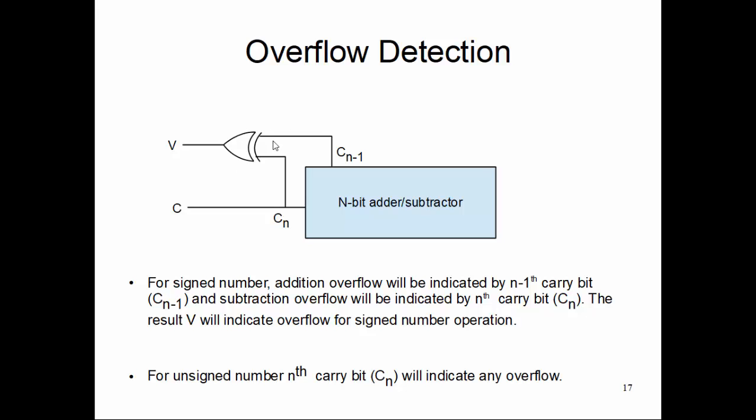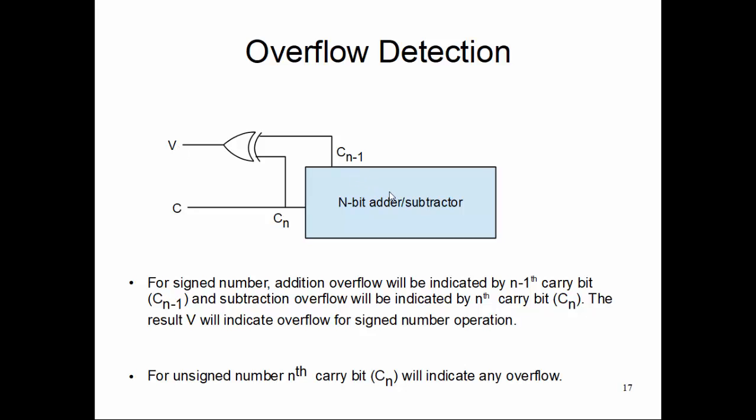The circuit is very simple: XOR between two successive carry out bits from the MSB and the MSB minus 1, meaning the previous stage of the MSB. You XOR between them and that becomes your carry out V.